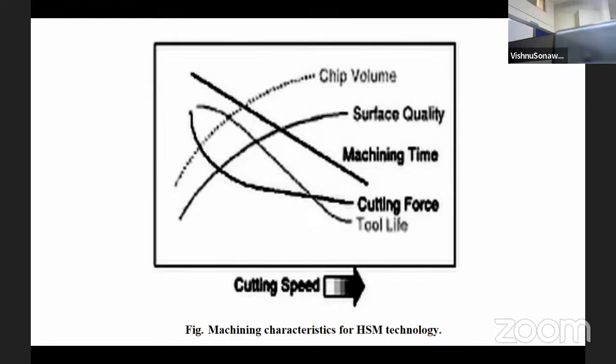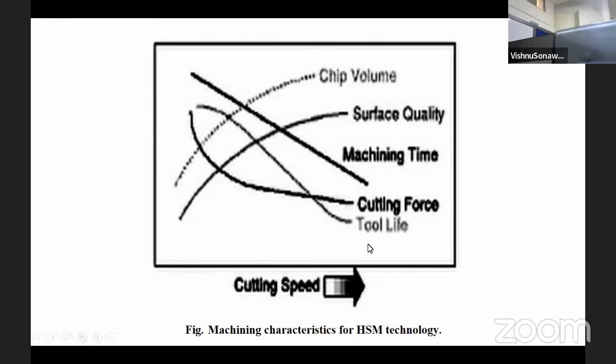When cutting starts and we increase the cutting speed, the force will drastically move down, be maintained and optimized. Here the cutting force will be stagnant, the same and continuous throughout the machining time.